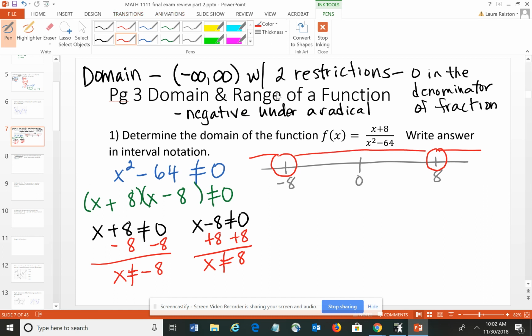So written in interval notation as requested, my domain is going to be from negative infinity to negative 8, not including it, so you use a parenthesis, from negative 8 to positive 8, not including it, use a parenthesis, or from positive 8 to positive infinity. And there's your answer.